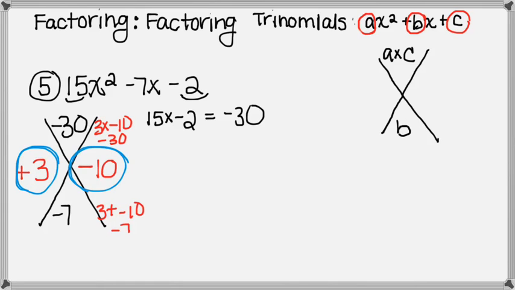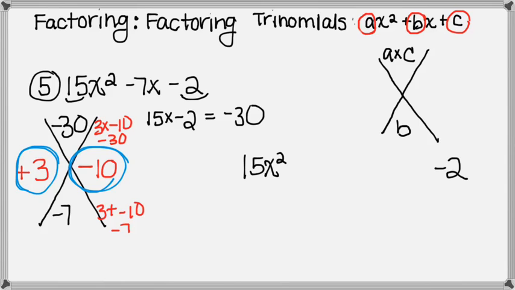So using these two numbers, I'm going to rewrite my trinomial. I'm going to keep the 15x squared the same, and then I'm going to keep the last one, the -2, the same. What's going to change is that middle term.